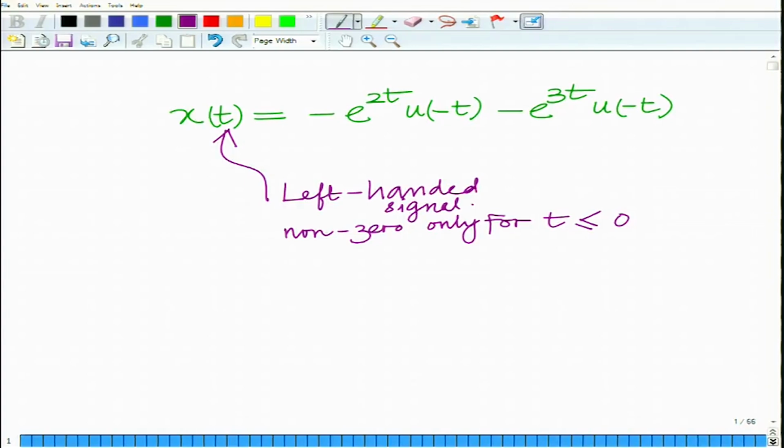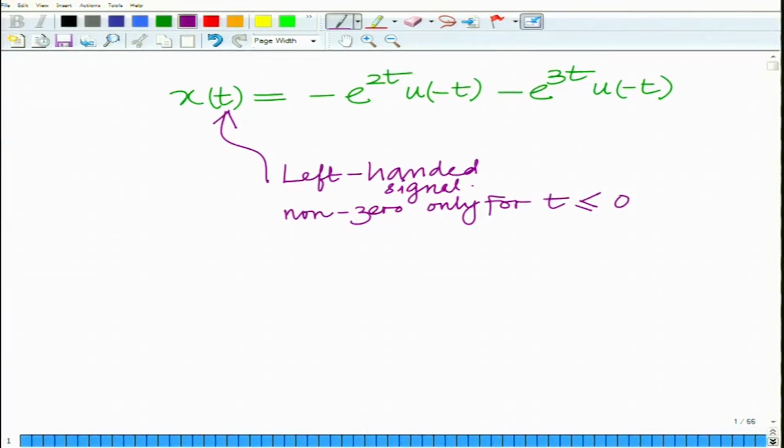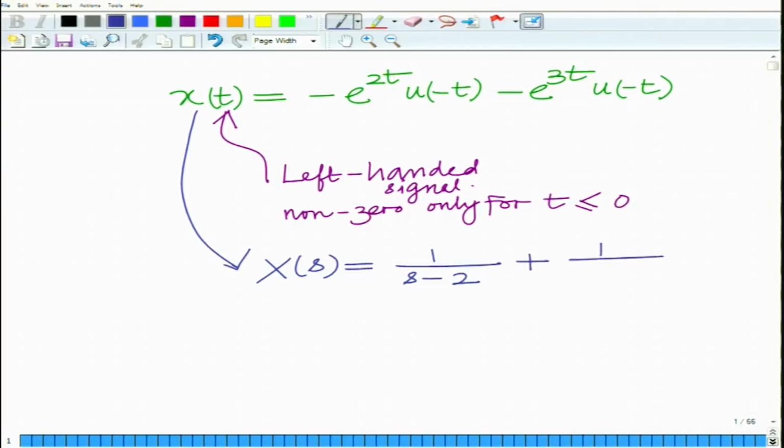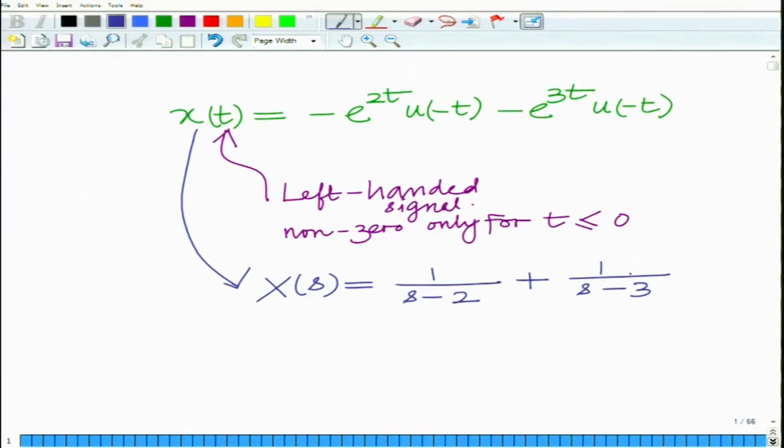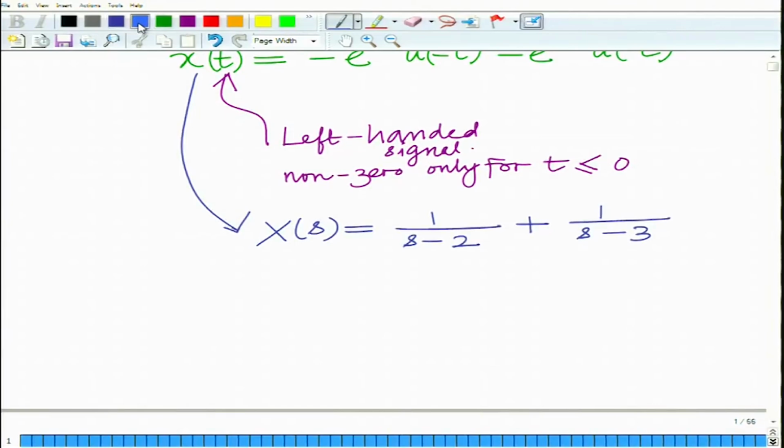The Laplace transform of this signal, you can easily check, is 1 over S minus 2 plus 1 over S minus 3. From this you can see that the poles of this system are 2 and 3, and clearly sigma min equals 2.